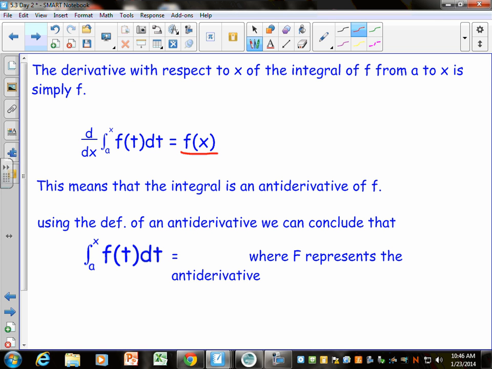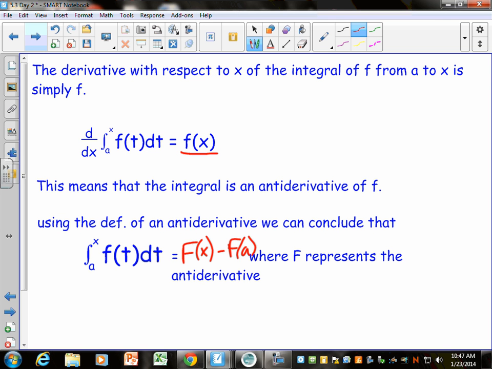It says this means that the integral is an antiderivative, and using this definition, we can conclude that if you have some function bounded from a to x, it will always equal capital F of x minus capital F of a, and the capital F represents the antiderivative.